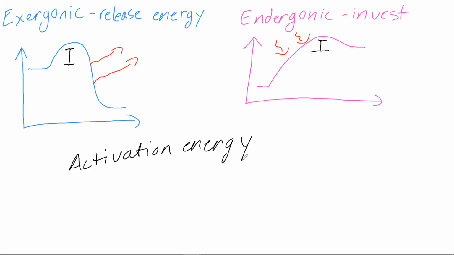Now, when we look at these normal reactions, usually it'll be a ton of energy you need to invest, right? Whenever you're processing glucose into ATP, you actually require a lot of energy in order for that reaction to start breaking down glucose. Or at least you would if you didn't have a catalyst.